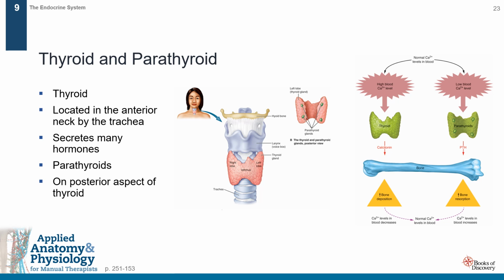PTH stimulates bone resorption by increasing the number and activity of osteoclasts. This increases the breakdown of bone matrix to release calcium ions from the bone and raise blood calcium levels.